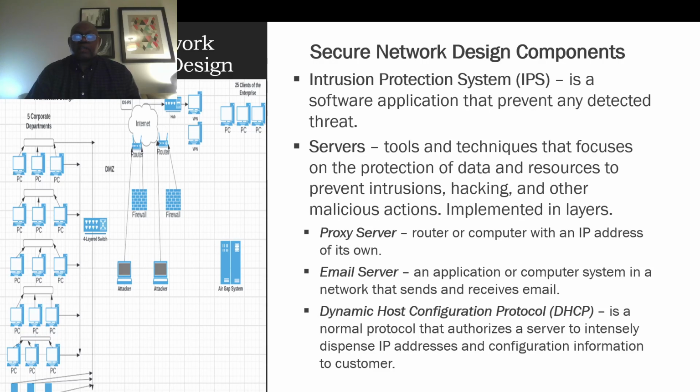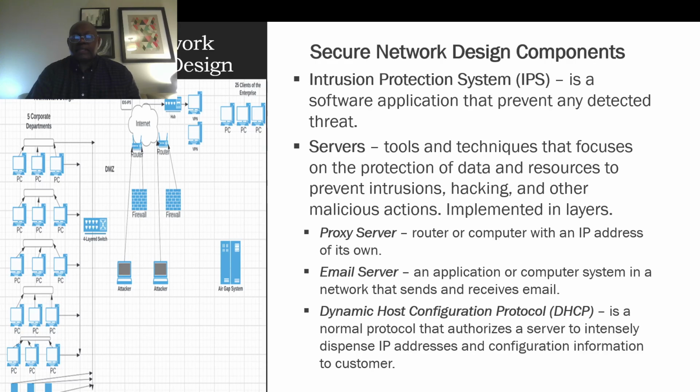I also have the intrusion prevention system above the internet. It is a software application that prevents any detected threat. I have 3 servers: proxy servers, email servers, and the DHCP servers. Servers are tools and techniques that focus on the protection of data and resources to prevent intrusions, hacking, and other malicious actions.